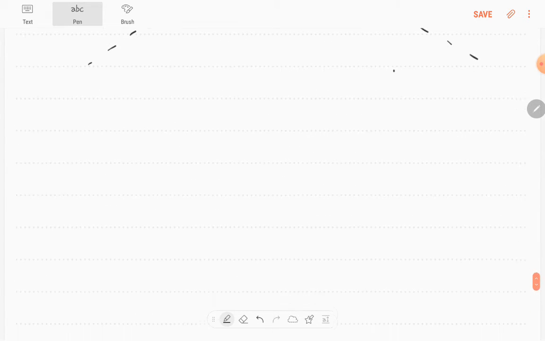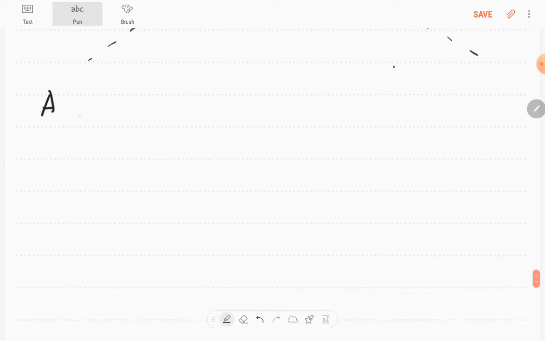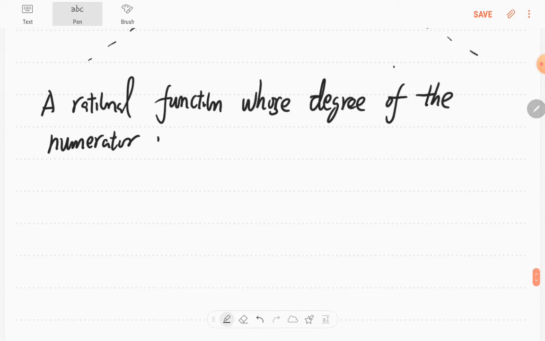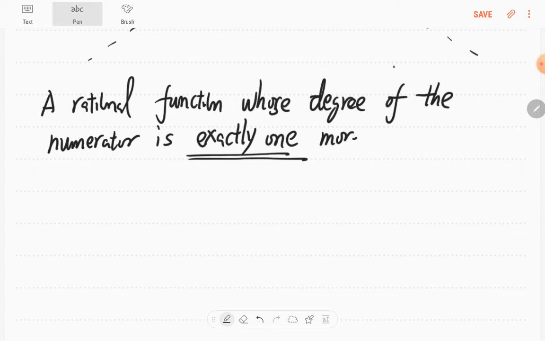So let's look at the rational function: a rational function whose degree of the numerator is exactly 1 more than the degree of the denominator.